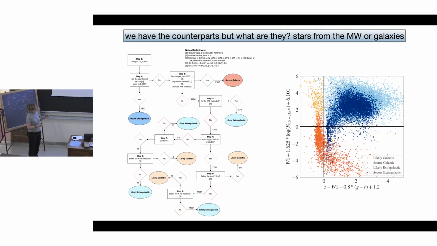So here you see a combination of filters, flux in various filters, where I plot in dark blue and dark red objects that we know are galaxies, so extragalactic objects, and objects that we know are stars, so objects in our galaxy. And we realized that there is this nice, almost natural division between galactic and extragalactic.